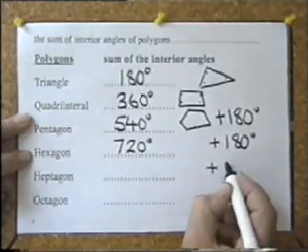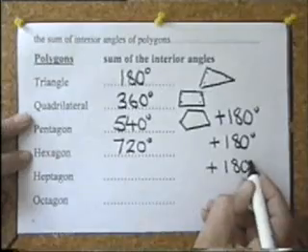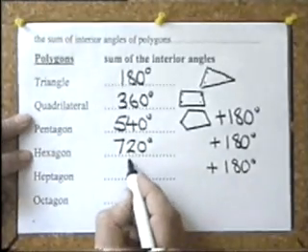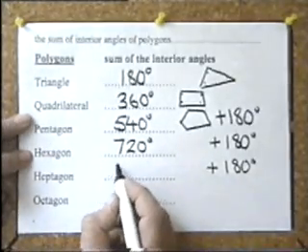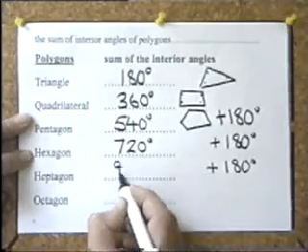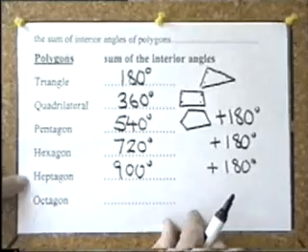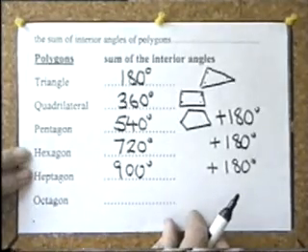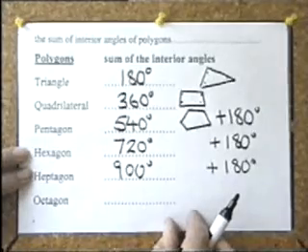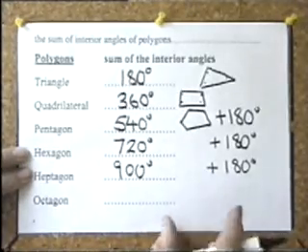Add another side, add another 180. If you add 180 onto 720, you'll get 900. A 7-sided polygon is called a heptagon. So the interior angles of a heptagon add up to 900 degrees.